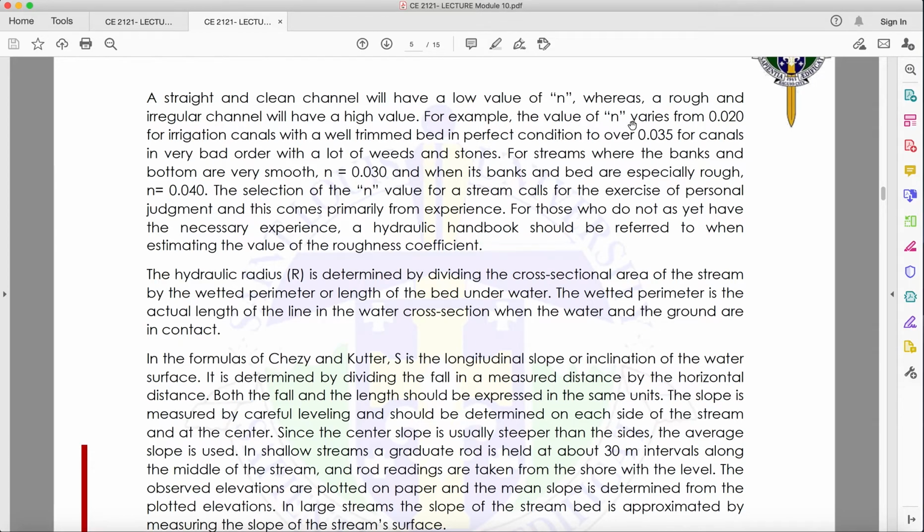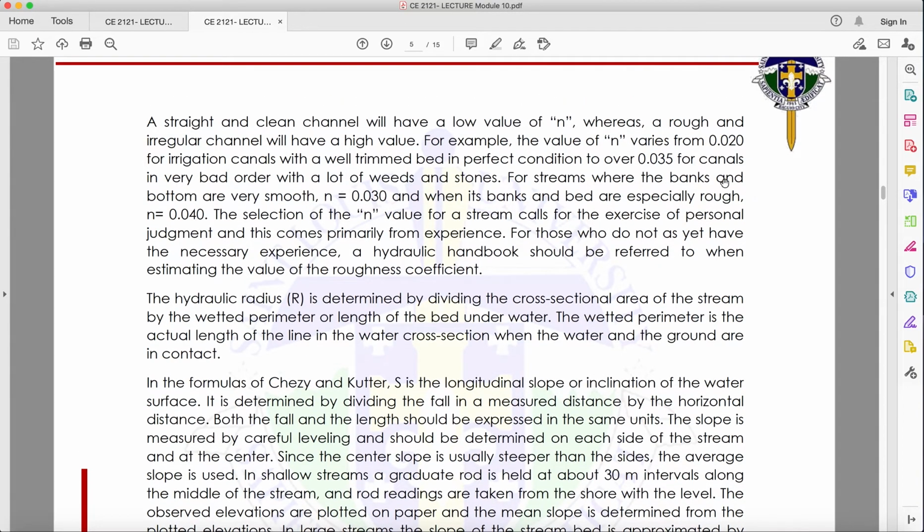For example, the value of N varies from 0.02 for irrigation canals with a well-trimmed bed in perfect condition to 0.035 for canals in very bad order with a lot of weeds and stones. So there are many other materials present, and they are adding factors to our N. For streams where the banks and the bottom are very smooth, it is 0.03, and when the banks and the bed are especially rough, it is 0.04.